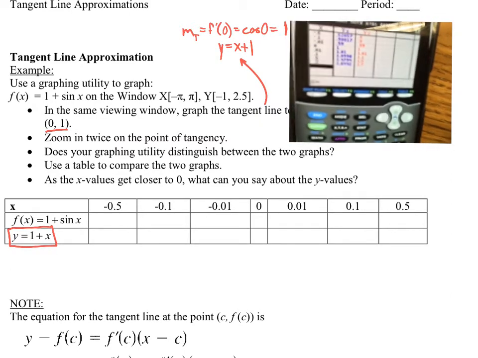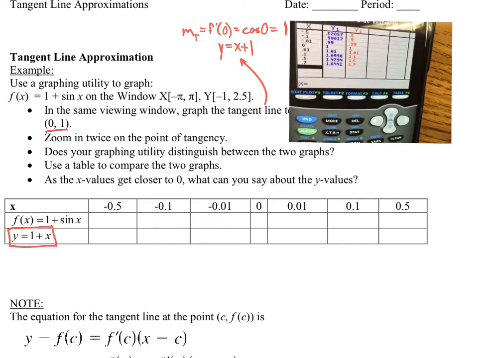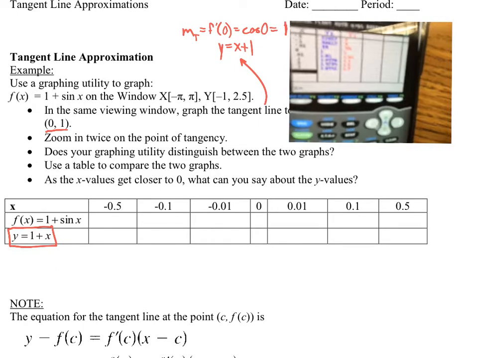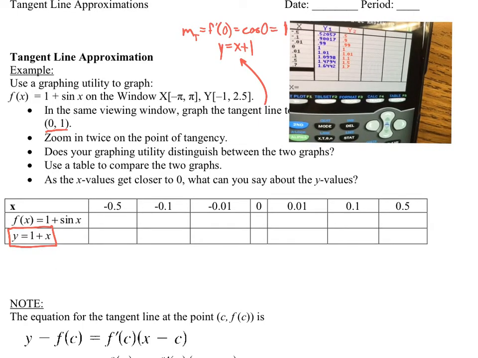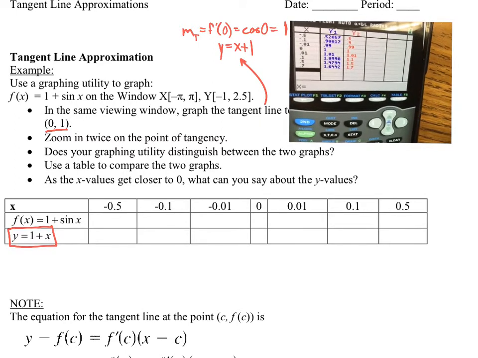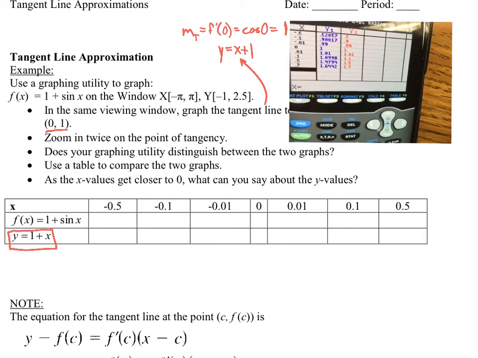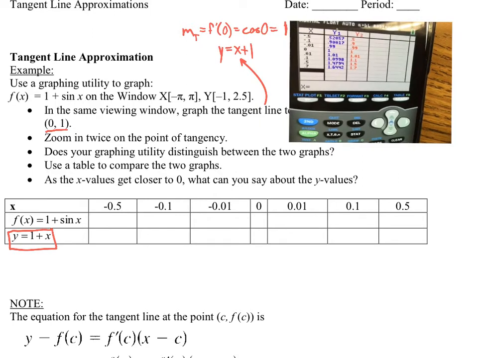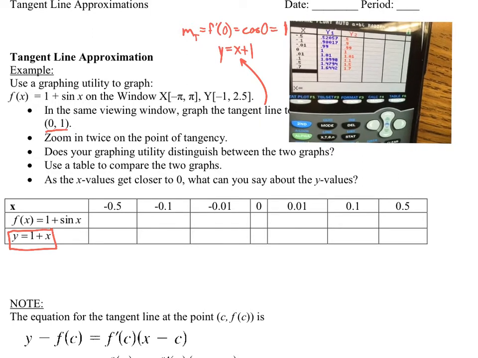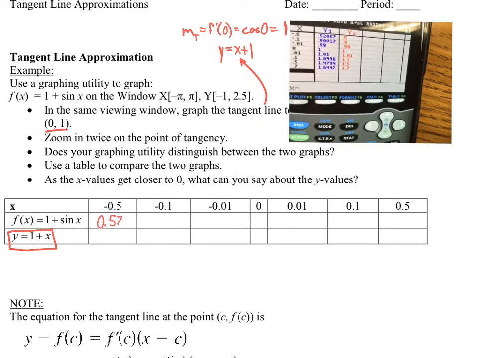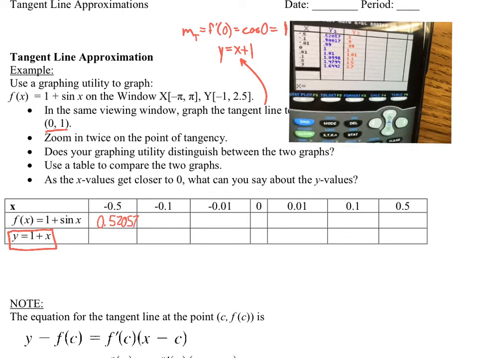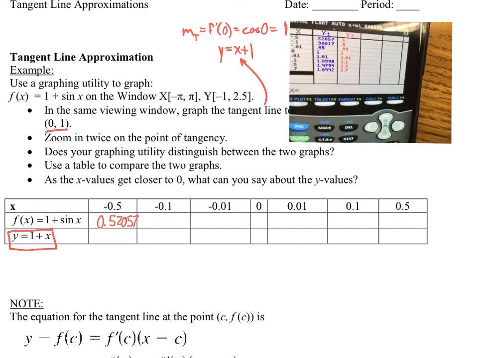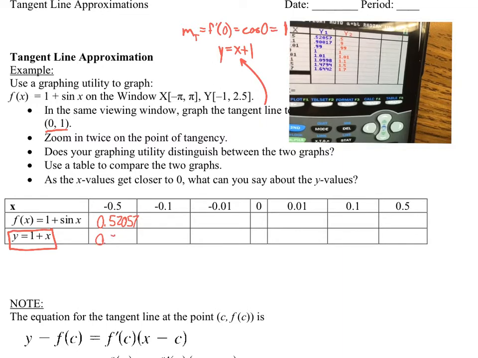Okay? But now we can look at the table. At negative 0.5, the 1 plus sine is 0.52057, whereas the line is 0.5.